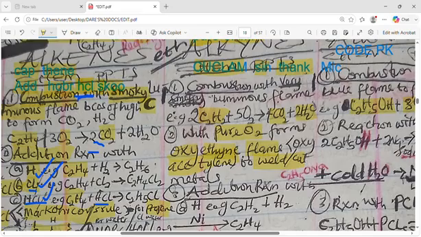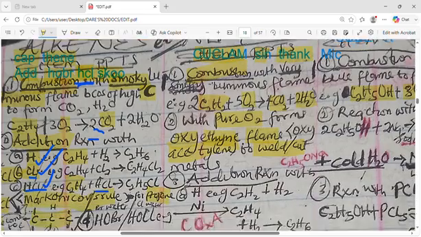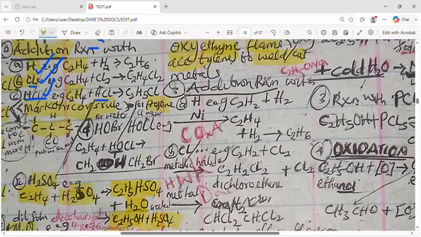So that's for pure. Now back to pure camp. The letter C is combustion. I've said combustion means you are adding oxygen to your hydrocarbons, and we always get CO2 and water. Then A means addition. In addition reaction, we are adding some elements to our ethyne, which is exactly like that of alkene.